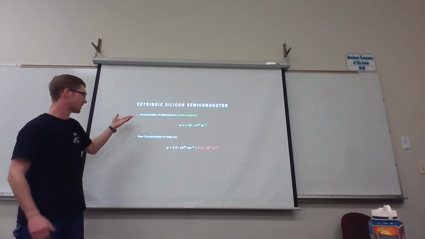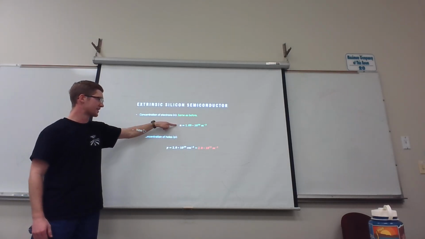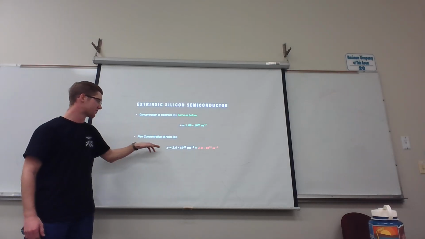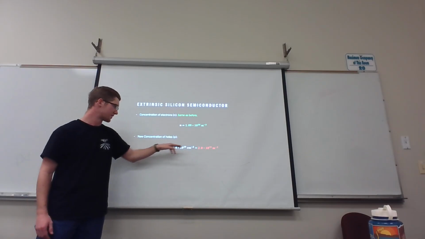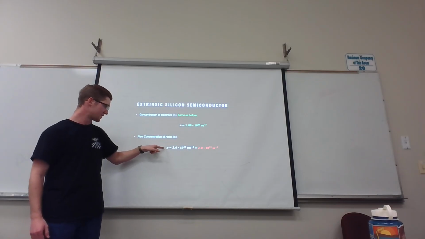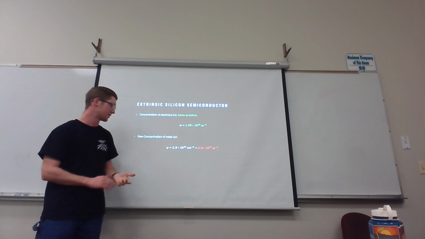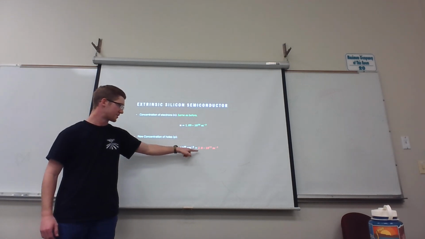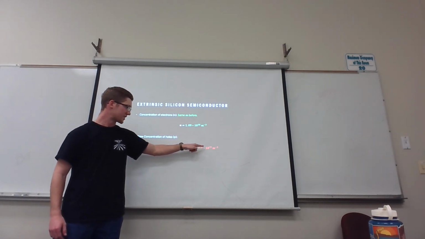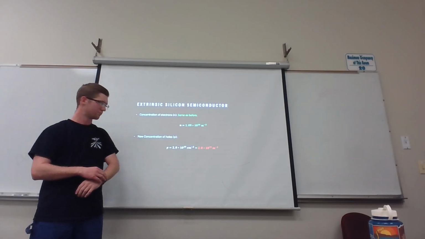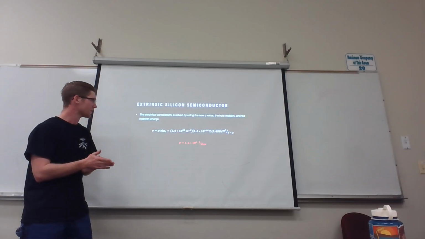Like I said, the concentration of the electrons is going to stay the same, but the new concentration of holes is P equal to 2 times 10 to the 19th per centimeter cubed, or when we convert it to meters, 2 times 10 to the 25th per meter cubed.